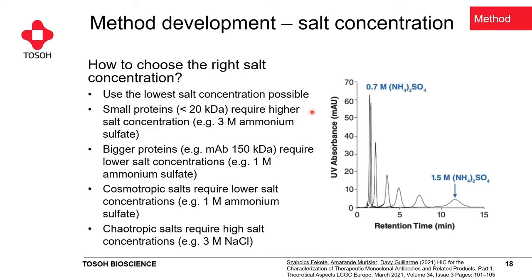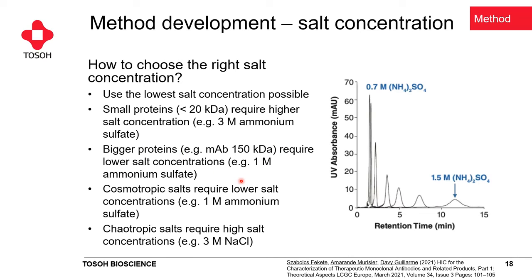Now, apart from the question which salt we use, another question is how much of it should we use? This is somehow intertwined because some salts need less concentration and some salts need higher concentration. So if we talk about more kosmotropic salts, such as ammonium sulfate, for instance, we need a lower concentration of it.